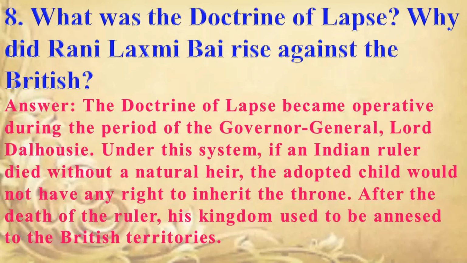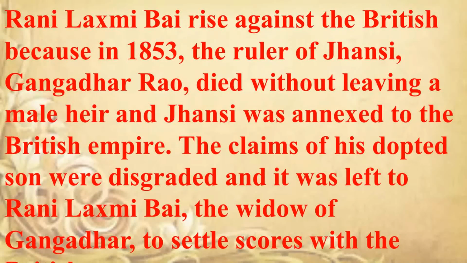After the death of the ruler, his kingdom used to be annexed to the British territories. Rani Lakshmi Bai rose against the British because in 1853 the ruler of Jhansi, Gangadhar Rao, died and Jhansi was annexed to the British Empire.